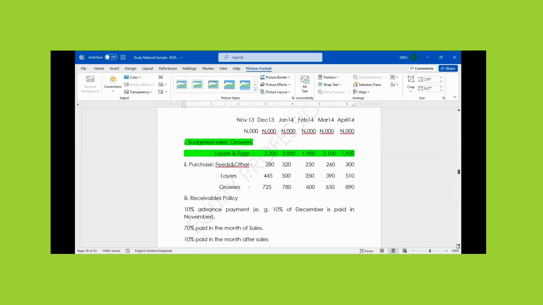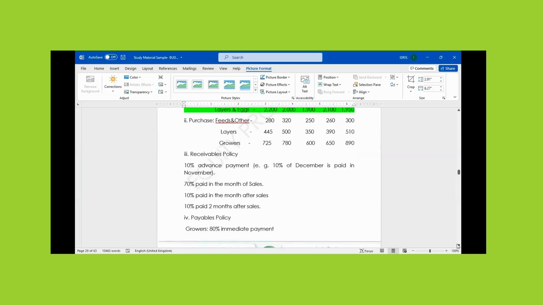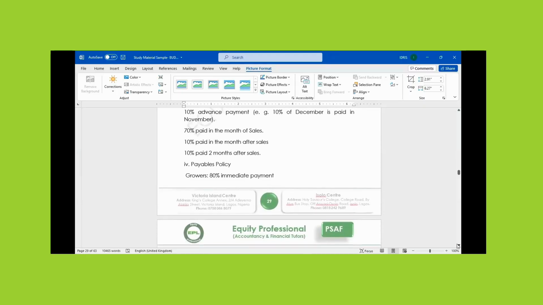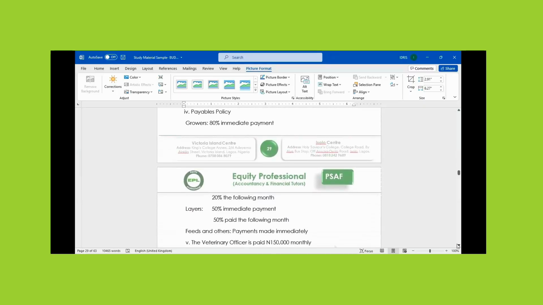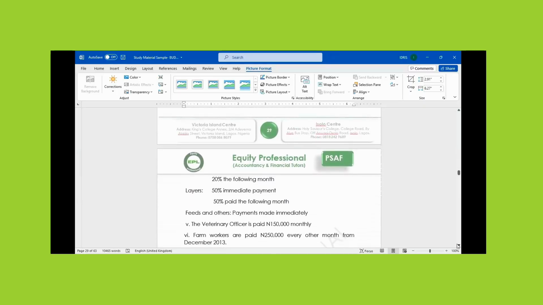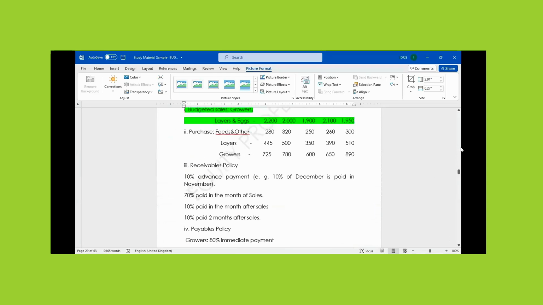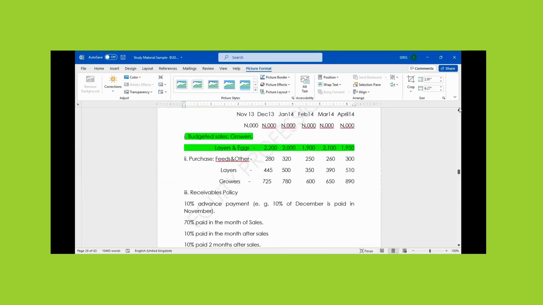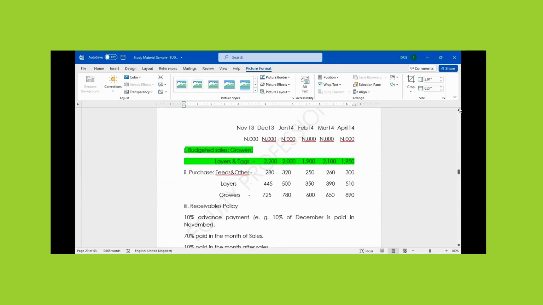Where do we see that? Under payables policy. Can we all see the feed and others? 80%, feed and others are paid immediately, 30% following month. That means feed and others for December is going to be paid when? December. So this 280, where are we taking these 280 to?